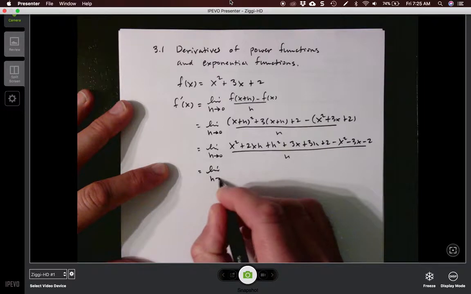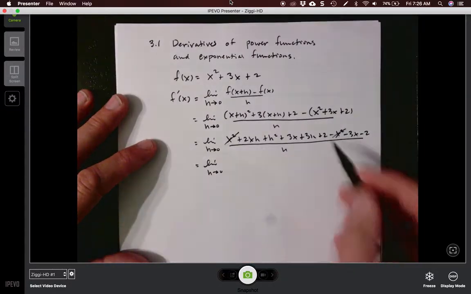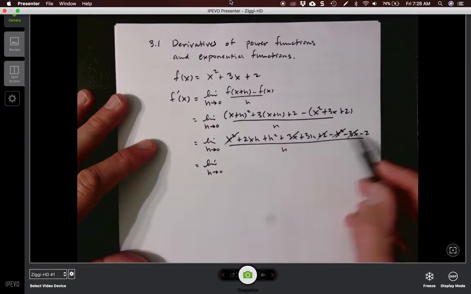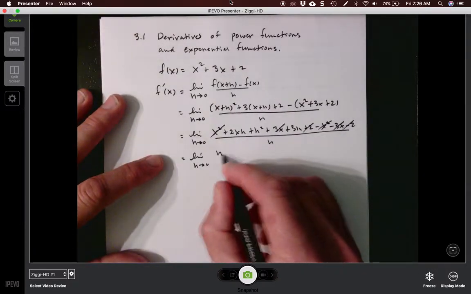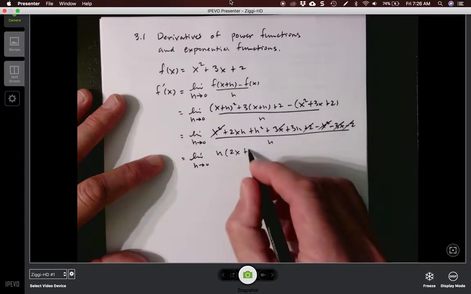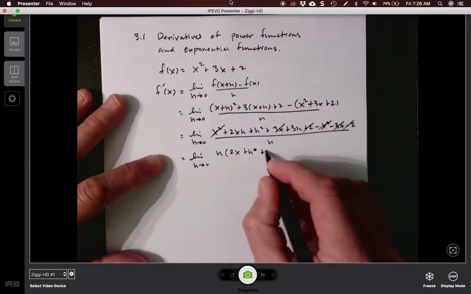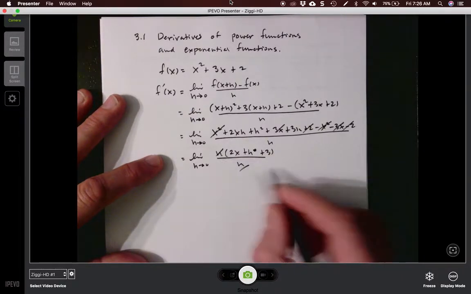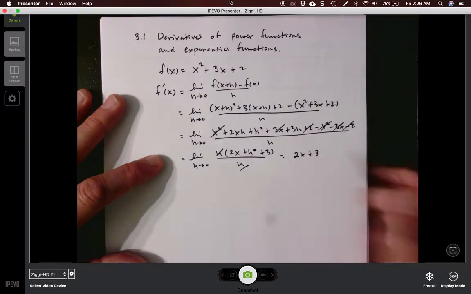Typically what happens is you get some stuff to cancel out. So those cancel, and those cancel. Everything that's left has an h in it, and then we factored out the h. We were left with 2x plus h, plus 3, and then all that divided by h. Cancel, and we ended up with the derivative equal to 2x plus 3.